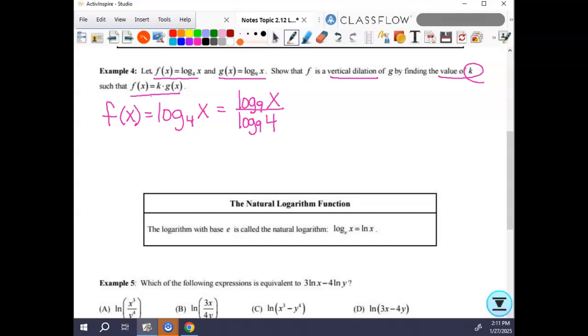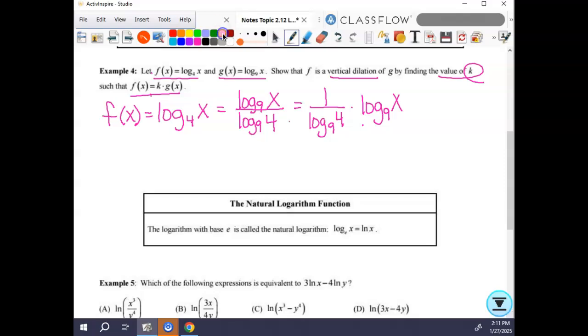And this is the form I want with multiplication. I have division. I can very easily change that to multiplication by making this 1 over log base 9 of 4 times log base 9 of x. Right? Because if I took this and went this way, that's what I would get back. Everybody okay with that?